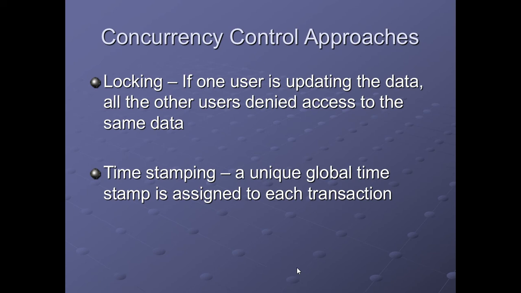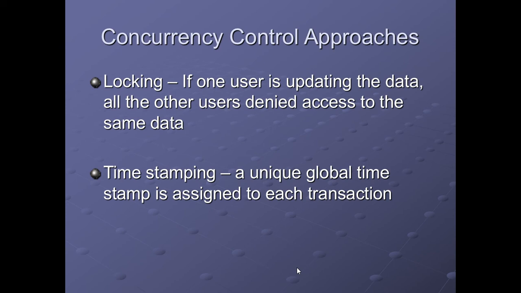Then we come to locking. Locking: if one user is updating the data, all the other users should be denied access to the same data, so there should be a commit of data first before access from another user.